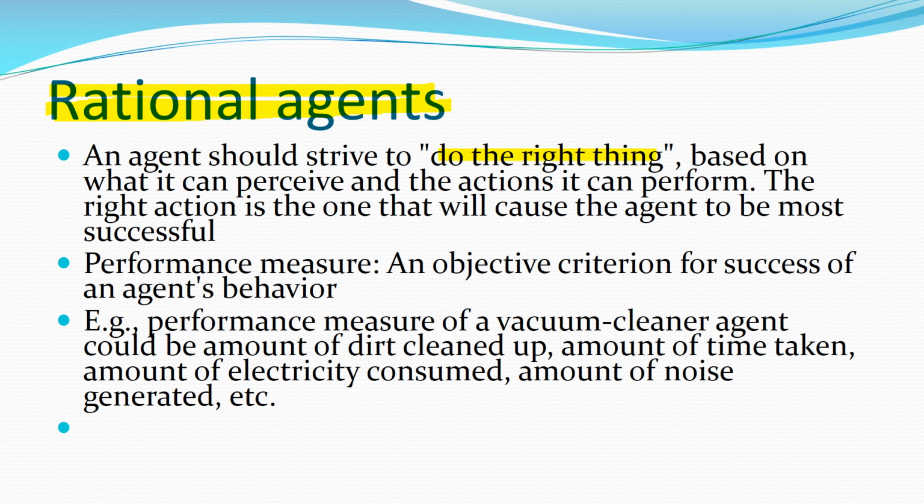The right action is the one that will cause the agent to be the most successful. So, the agent is going to be the most successful if it is making the right action after perceiving from the environment. If the agent is most successful, in that case the agent is performing well.